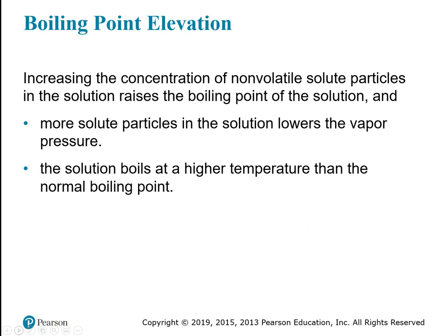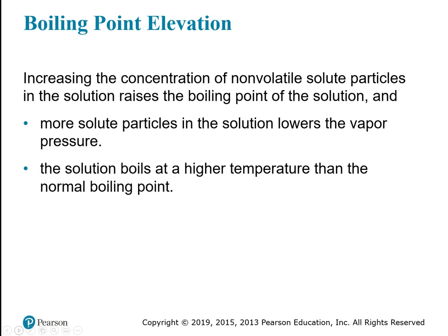With boiling point, the vapor pressure is connected to the boiling point. If you have to have more heat to get more of your solvent to the surface, then that means you have to raise your boiling point. More solute particles are going to make your vapor pressure lower.